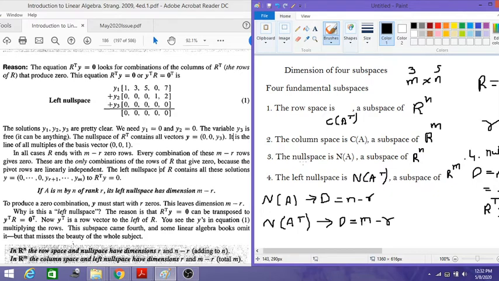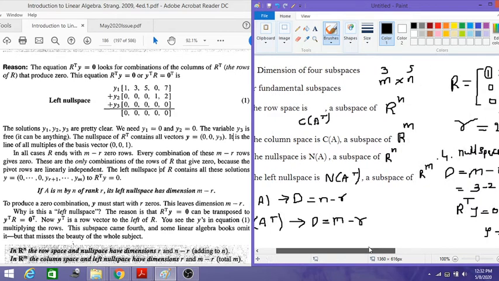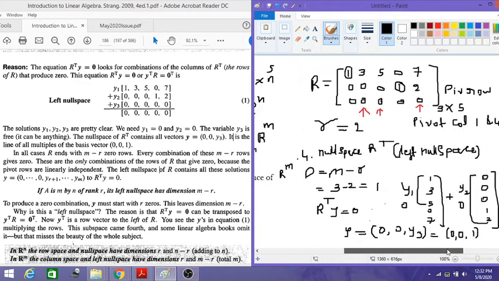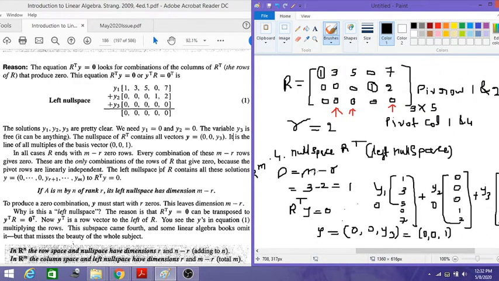Whereas when we talk about the third point, the null space, the dimension is defined by n minus R. So n is the number of columns, minus R is the rank of the matrix, so that defines the dimension. And the basis is nothing but the special solutions, which form the basis for this third null space. When we talk about the left null space, the dimension is defined as d equal to m minus R. So that is nothing but 1.